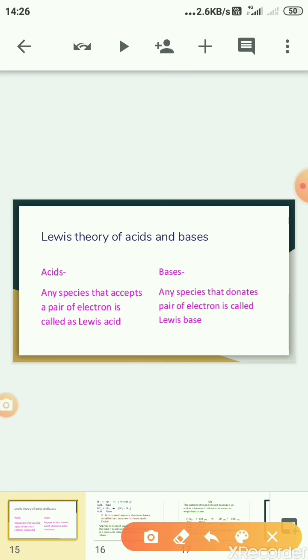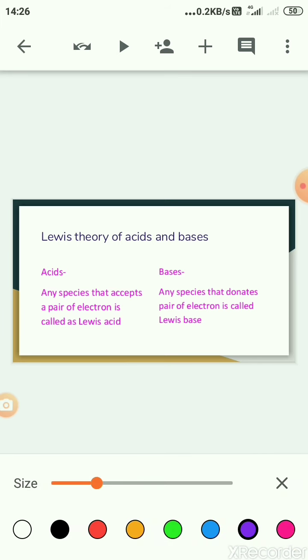That means compounds having an incomplete octet in their outermost shell act as Lewis acids, and substances having an expanded octet in their outermost shell are called Lewis bases.